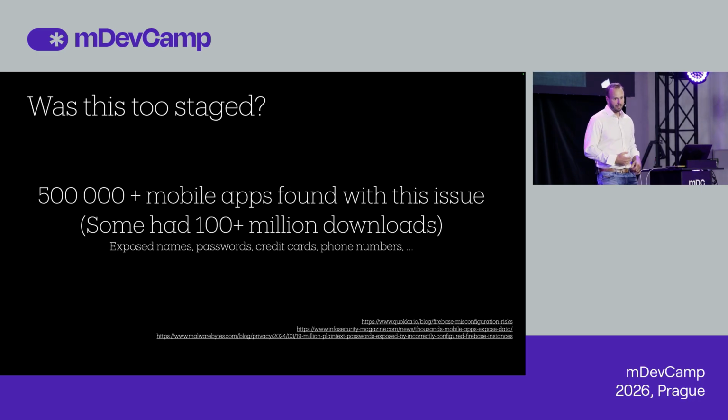Therefore, major applications were facing this issue. There were exposed names, passwords, credit cards, all sorts of things. My exposure was very, very low because I exposed only the email addresses so that I could grab them and basically create a phishing attack. In the real world scenario, you would probably buy a database of leaked users from the dark web.